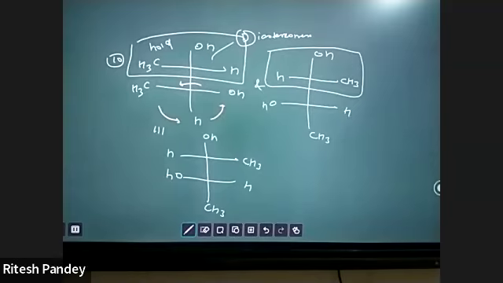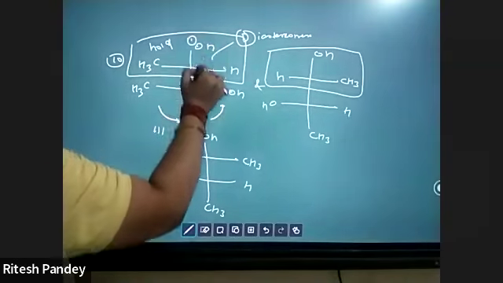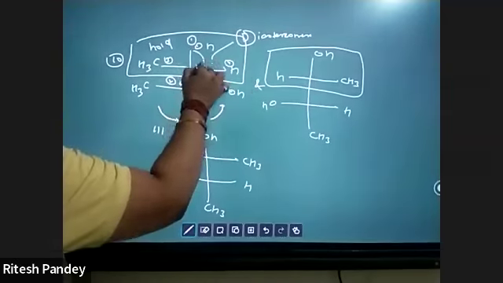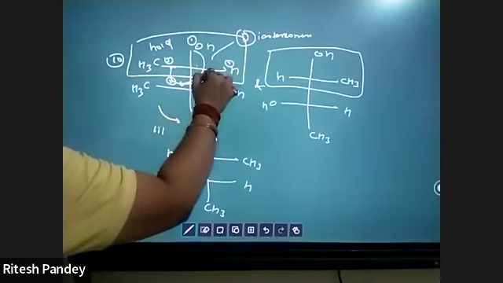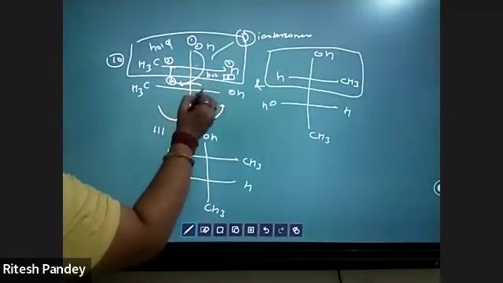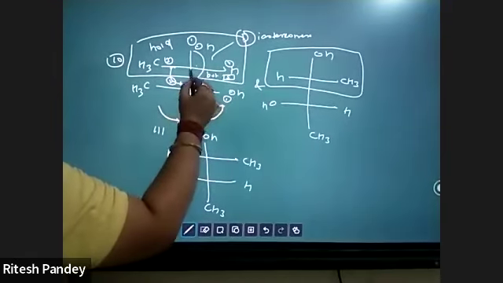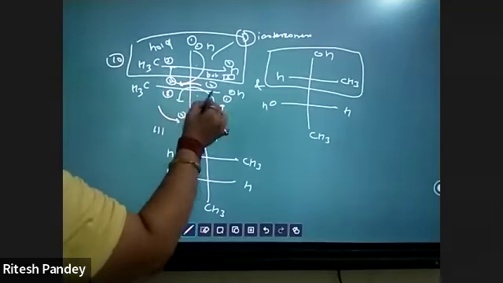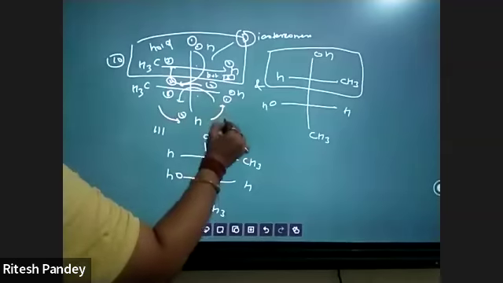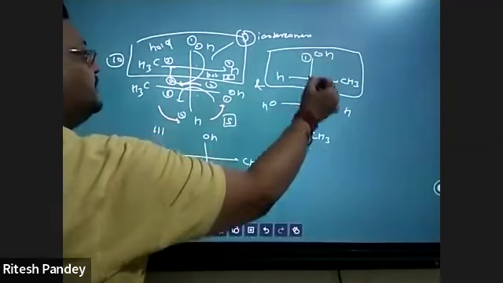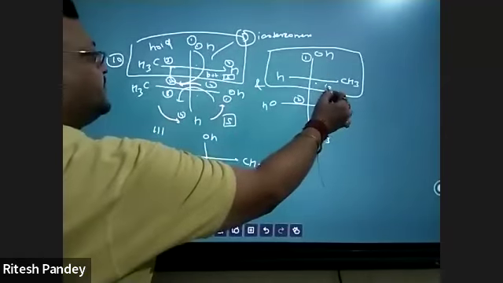If you go by RS configuration, I can also do that very quickly. For this carbon, it's going to be 1, 2, 3, and 4, and this is going to be S for the lower one. The entire upper one is going to be 2. It's going to be 3. It's going to be 4. So this is S and this is S. So this is SS. For this carbon, this is 1, this is 2, this is 3.